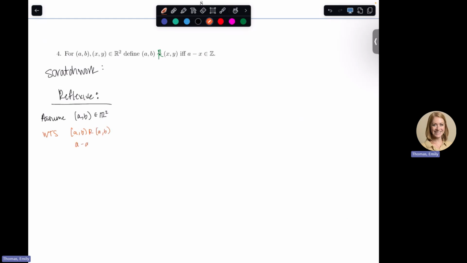What that means is that A minus A is an integer. Let AB be in R2, and then I would say something like, notice A minus A is 0. Since 0 is in Z, AB is related to AB, and R is reflexive.